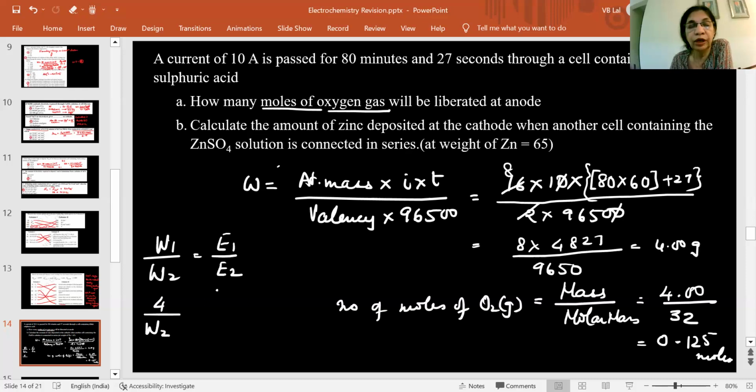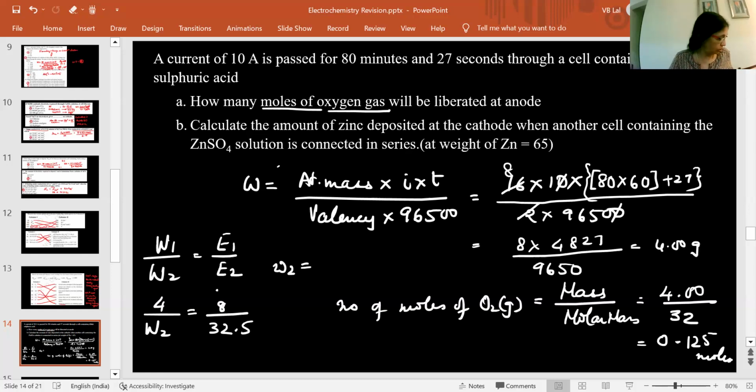By W2, we have to find out of zinc. And E1 of oxygen is atomic mass by valency, that is 8, divided by equivalent mass of zinc. Equivalent mass of zinc is 65 divided by 2, that is 32.5.